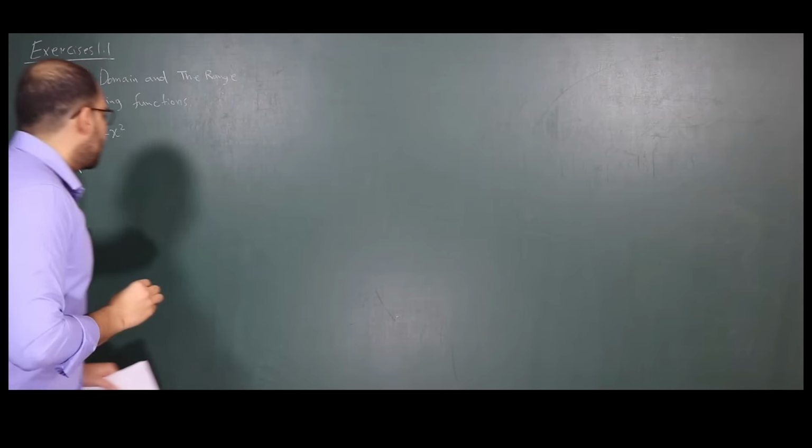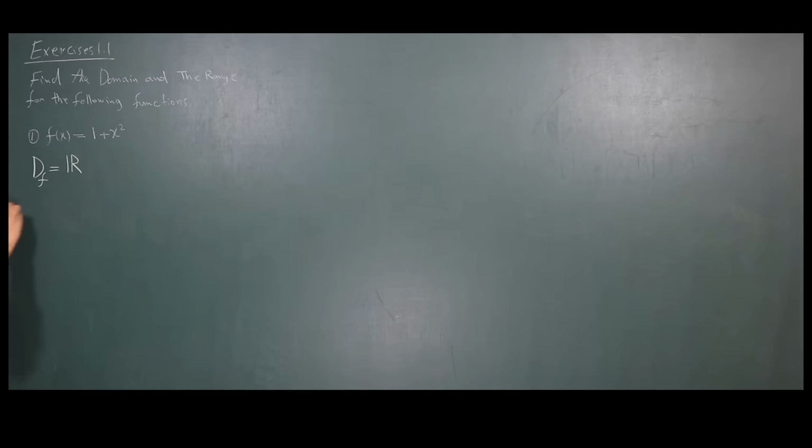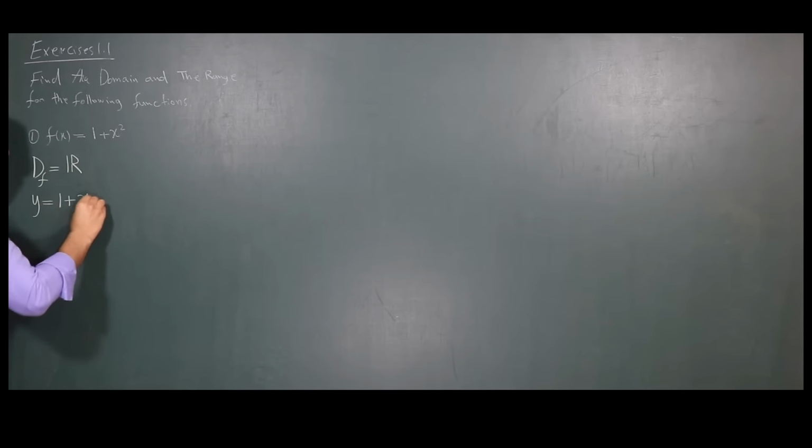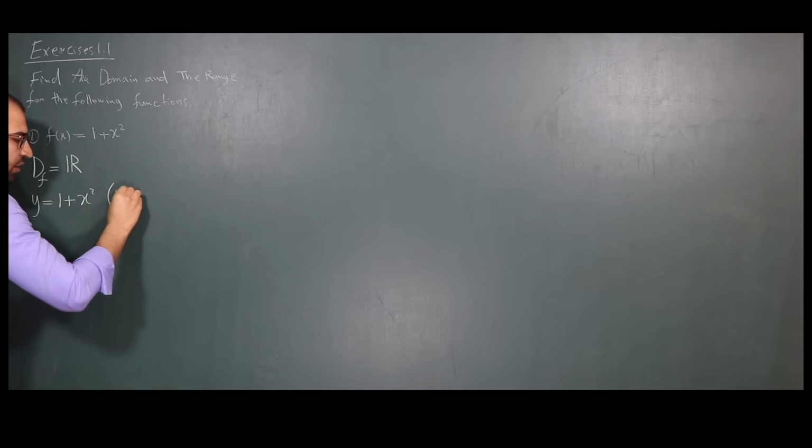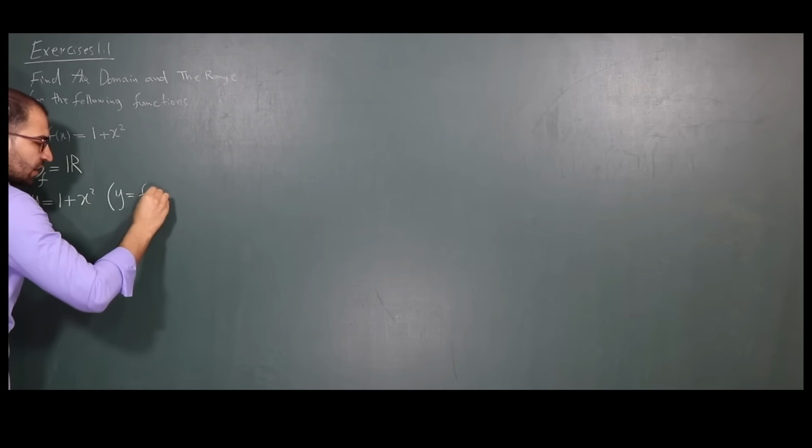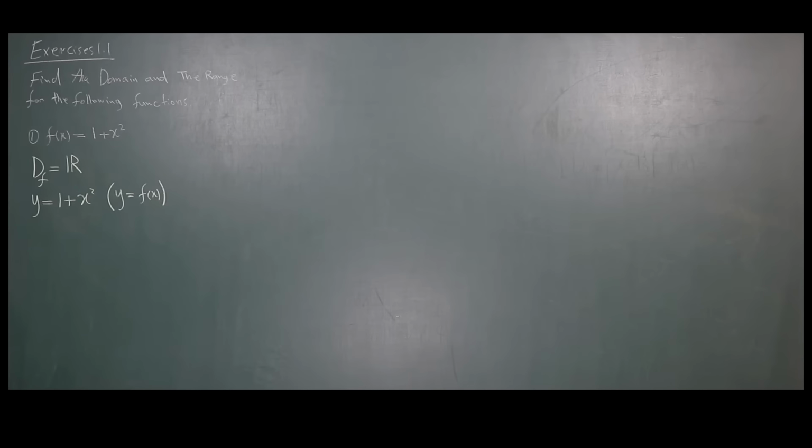As we studied in the previous lectures, to find the range, we need to change the formation of the function from y equal to f of x to the new representation, which is x equal to f of y.